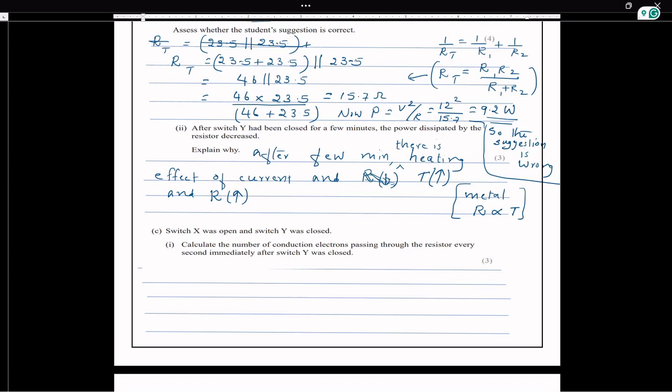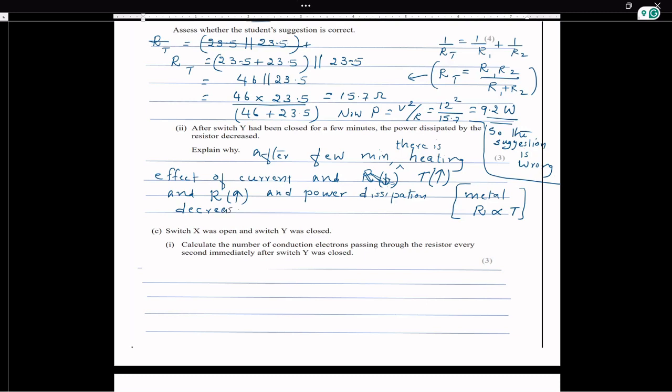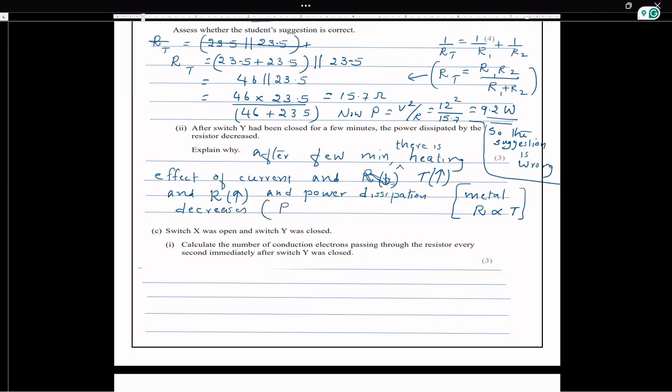When the resistance increases, making the power dissipated decreases, because we have the equation power is V squared over R. So when current flows through the branch for a few minutes, there is heating effect of current, the temperature increases and resistance increases, so the power dissipation decreases.